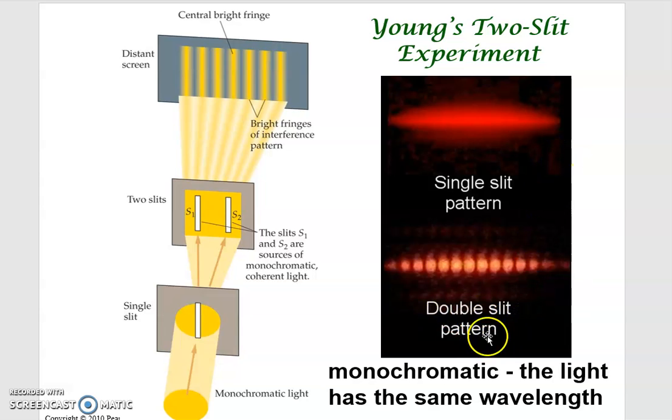But now if you have a double slit, so you add this plate here, you have two light sources, S1 and S2. Now all the constructive and destructive interference I just introduced will happen. So you will see a pattern of bright and dark streaks. Okay, so this is the final result.